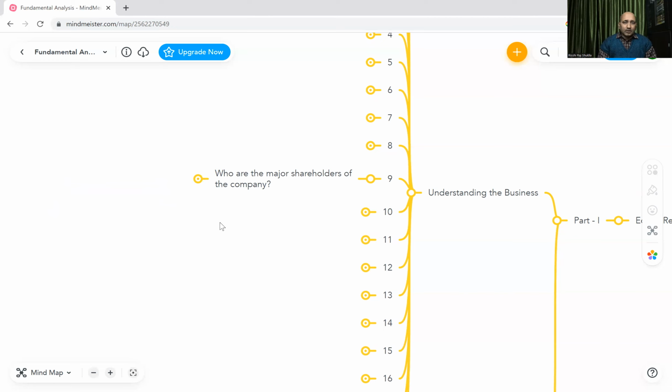Who are the major shareholders of the company? This will also give a good insight, whether FIIs are heavily invested, or DIIs are heavily invested, or some investors or HNIs are invested there.